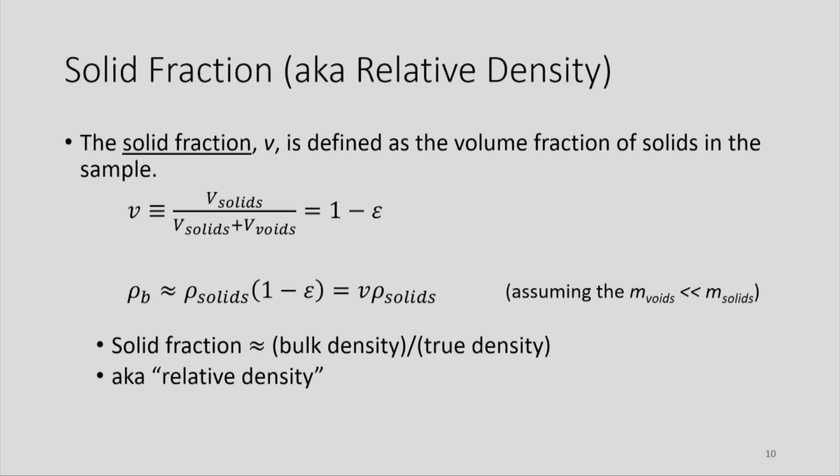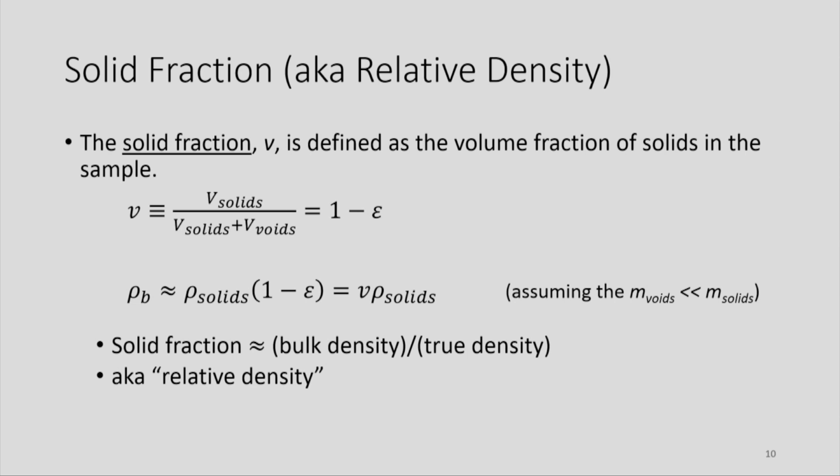Almost the opposite of void fraction is the solid fraction. Solid fraction is the amount of solid material without counting the void space within the bulk. It is the volume of solids over the total volume, so it is 1 minus the void fraction.